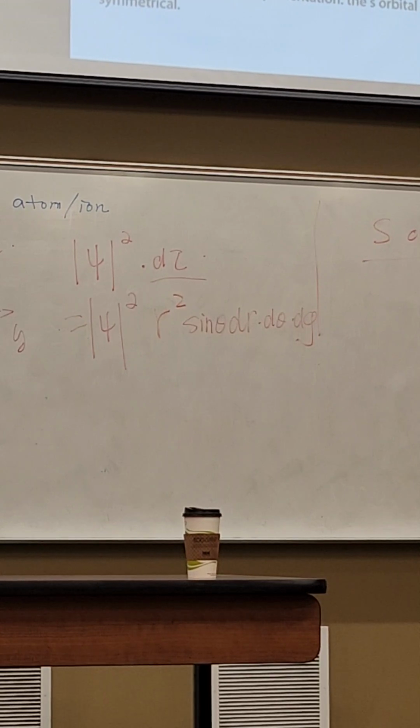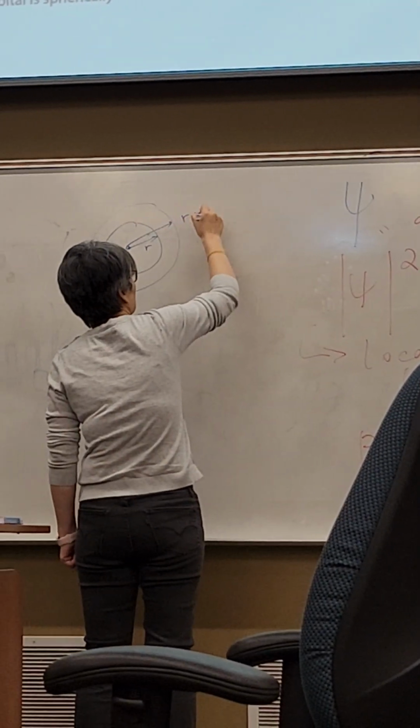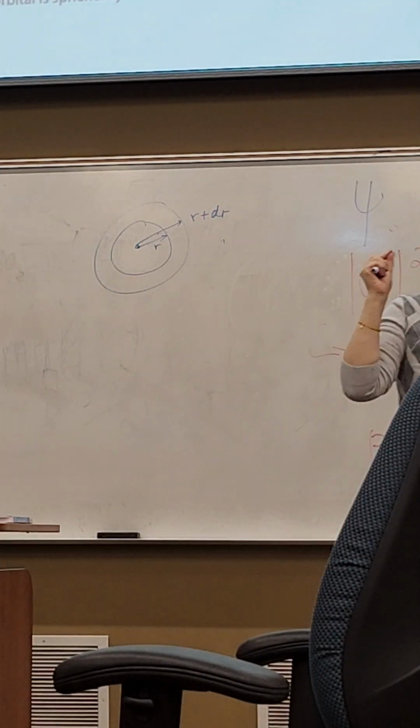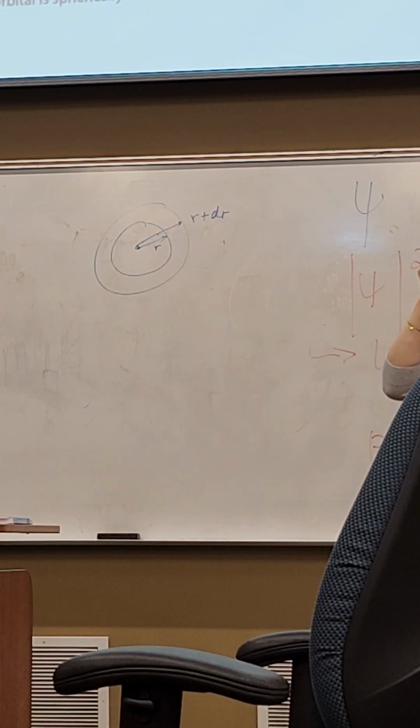This is your origin. That is the radius to the next, slightly larger sphere. The radius can be represented by r plus a small dr difference in that radius. Are you guys following me?